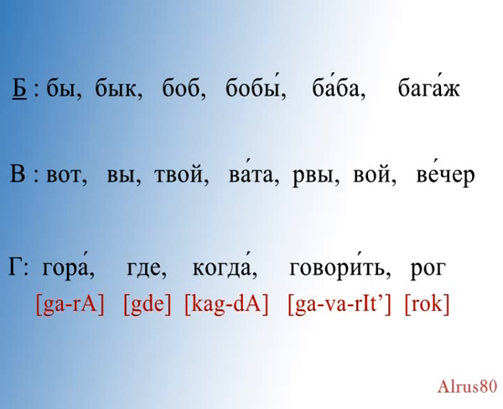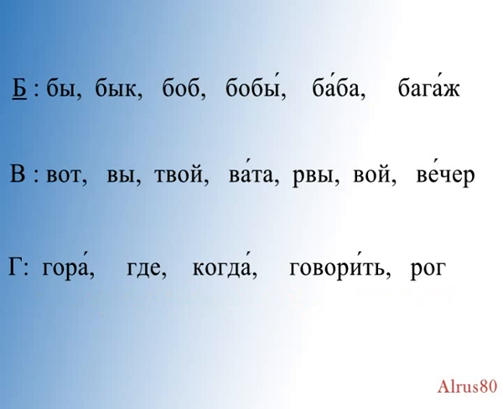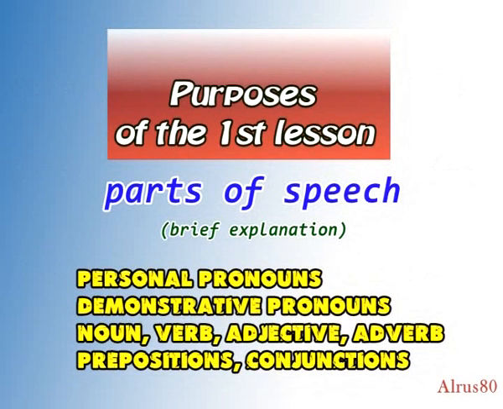The phonetic exercises of this kind are going over and over again through the course to improve your pronunciation. Once you are done with the Russian alphabet and the pronunciation rules, the next thing to do is to have a general understanding of parts of speech.